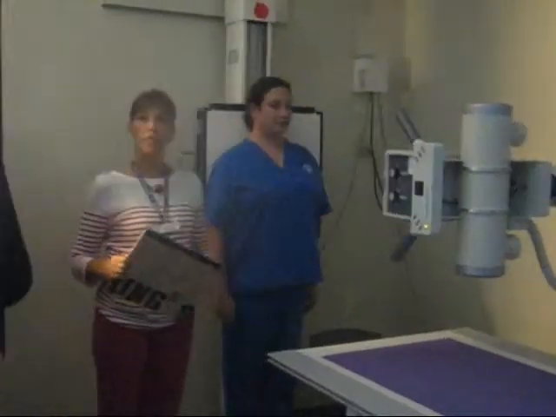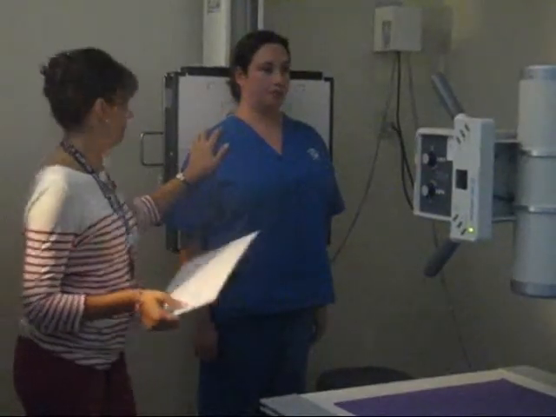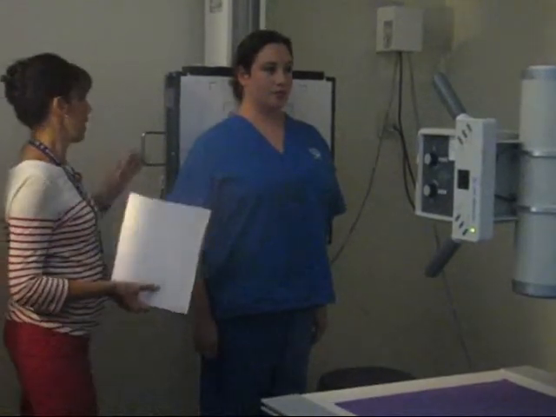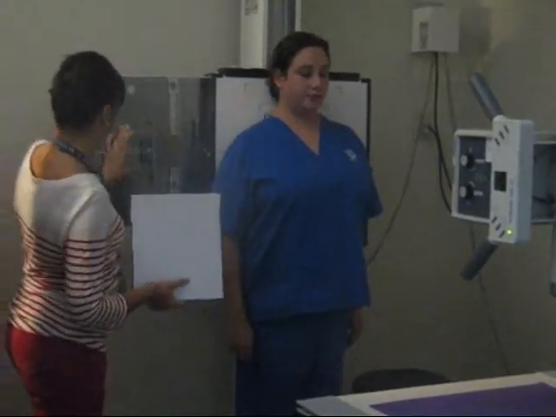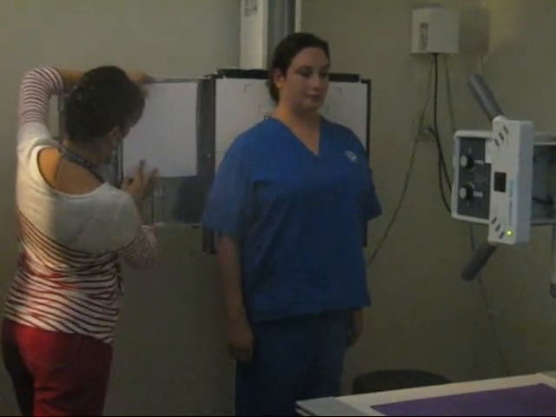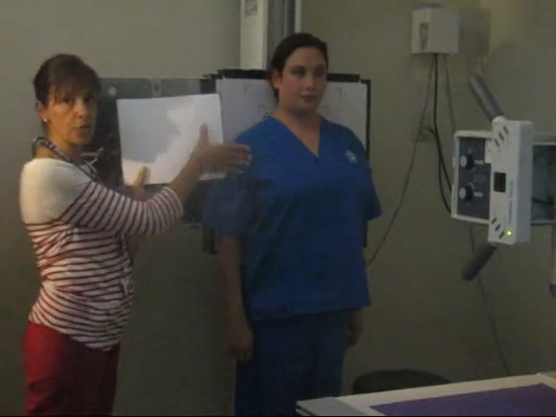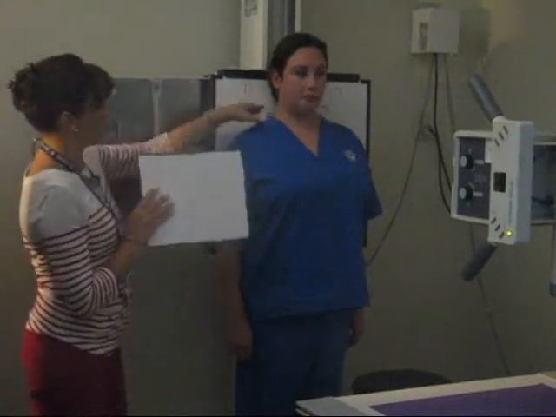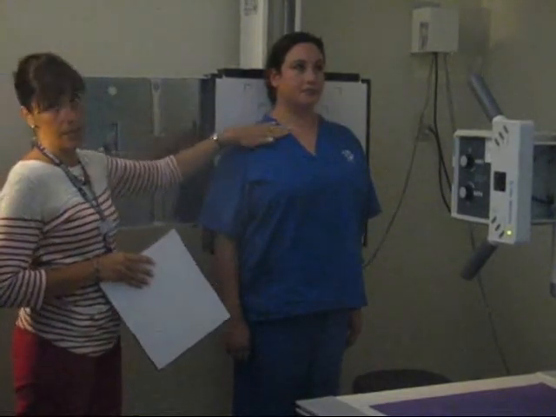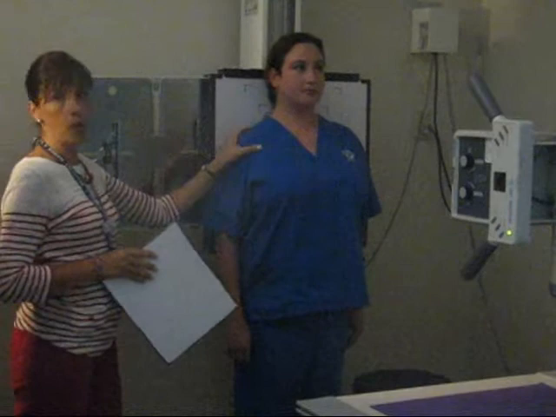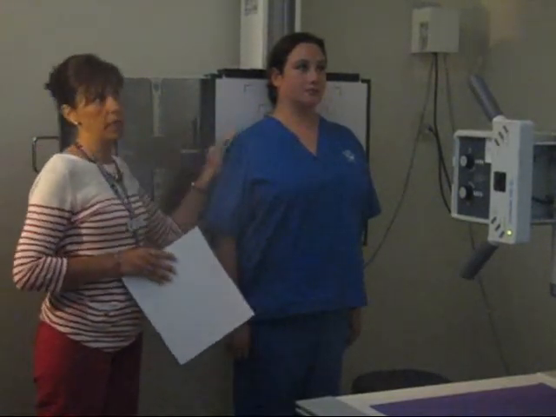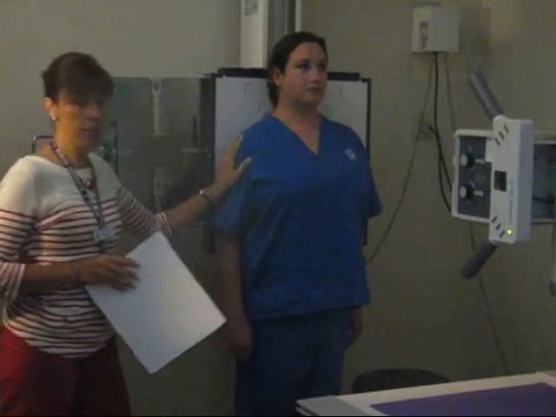We're going to demonstrate shoulder studies. For most shoulders, we're going to use a 10 by 12 cassette. I actually like to put it crosswise, because in your shoulder view you want to get the scapula, the clavicle, the whole shoulder girdle, and probably a third of the humerus.